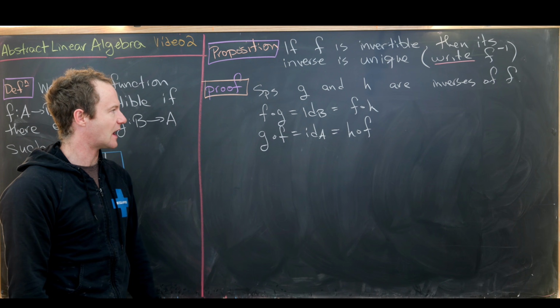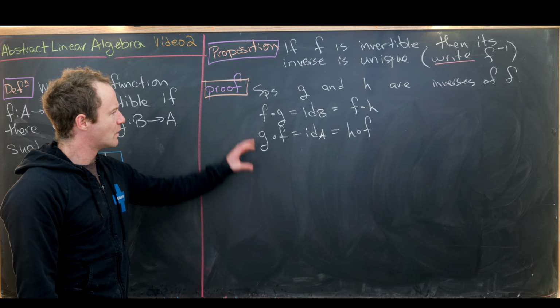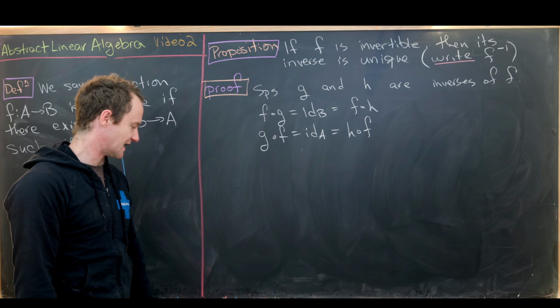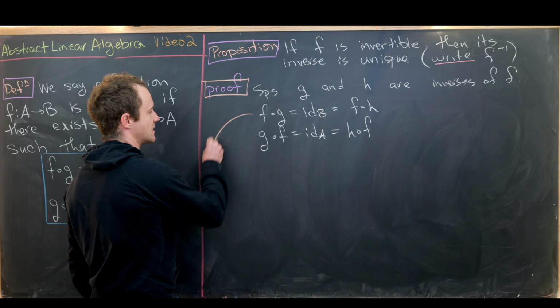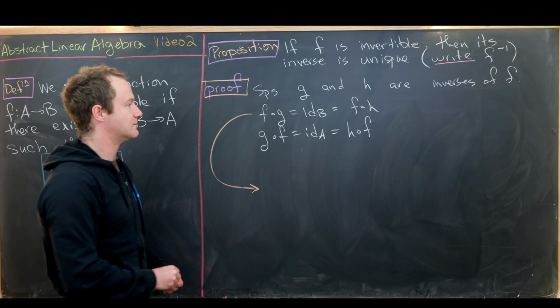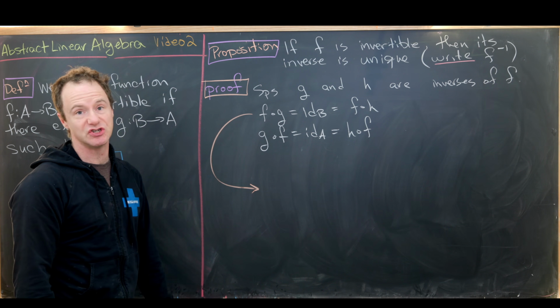So let's maybe see how we could do that. Well, maybe we could combine these two things together somehow. Let's maybe take this one right here, and we'll compose both sides with g.